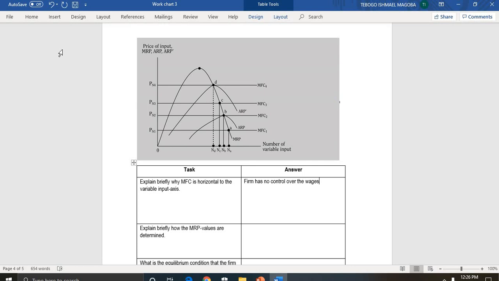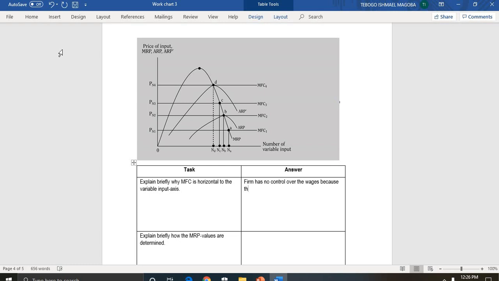The firm has no control over wages because this is a perfectly competitive market.